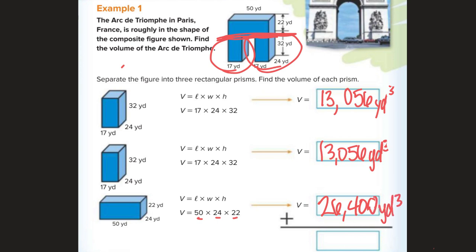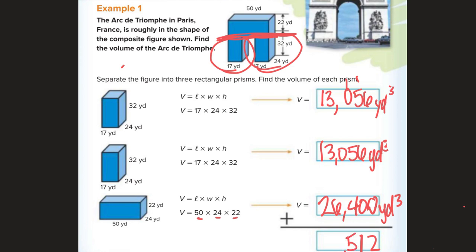Yards cubed. Now we need to add all of these together. 6 and 6 and 0 is 12. Then when I'm looking at the hundreds place, I see a 4, 0, and a 1, so I'd get a 5 there.